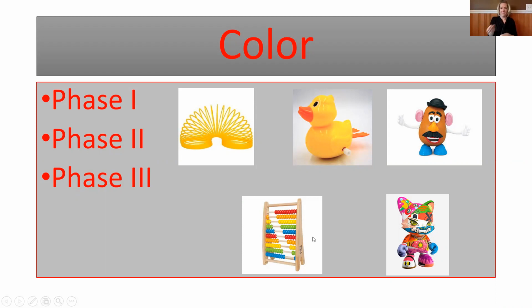But we can also modify this counting frame by covering up the bottom half or the top half that now allows our student to maybe manipulate these things that we want them to look at for counting or for helping with visual attention. If they can't look at the whole thing, then we can modify that and cover up just half of it. And then this crazy stuffed animal thing that's high phase 3 kind of thing with its multiple colors and patterns on it.